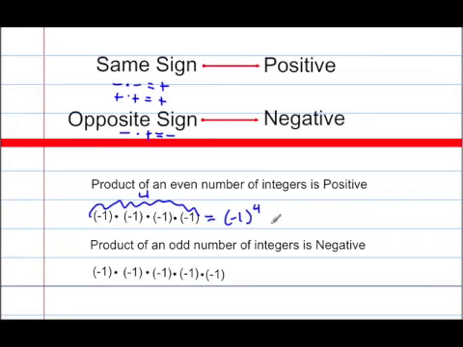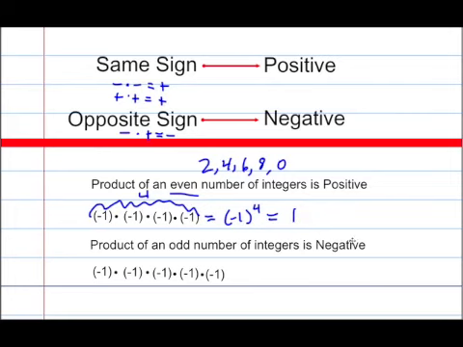If it's a product of an even number, remember even is 2, 4, 6, 8, and ends in 0 as well. If your number ends in any of these, then it's even. So if this ends in 4, this one should be even. So this is a positive 1, right? So your answer is positive.